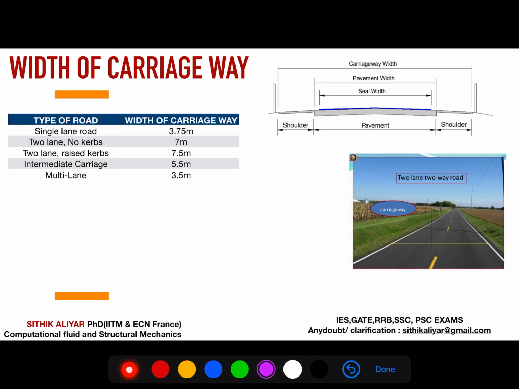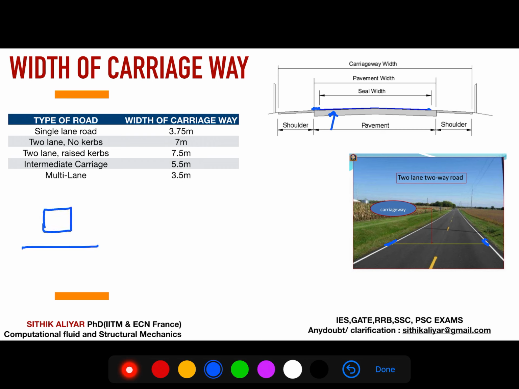Okay, next geometry is width of carriageway. You can see the blue color line, that is the width of carriageway. From this point to this point is the carriageway, and the width of carriageway is given for a single lane road.